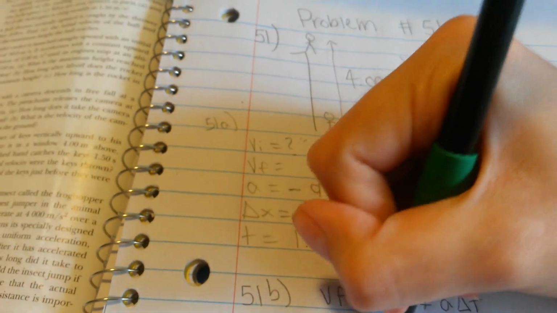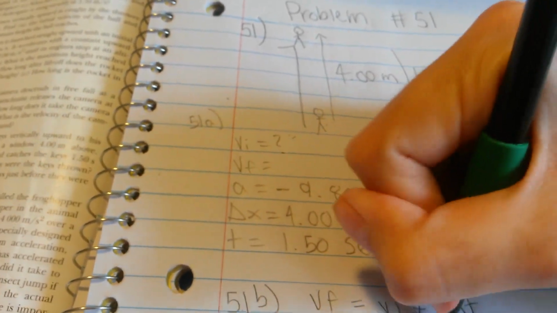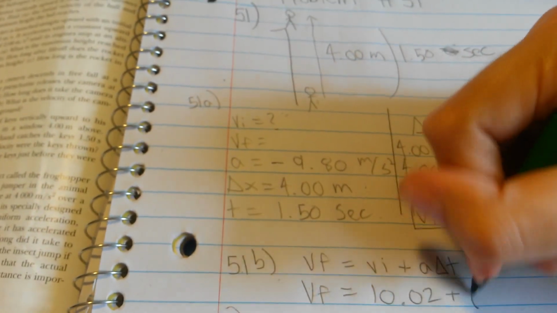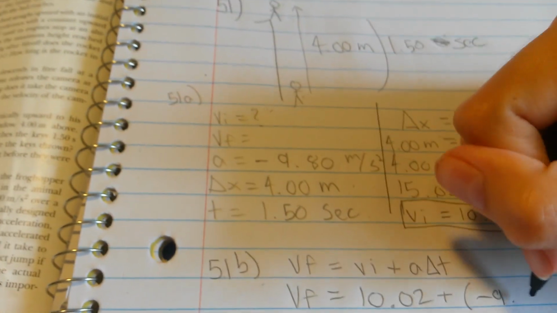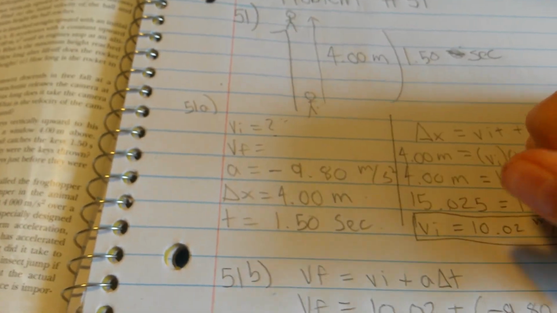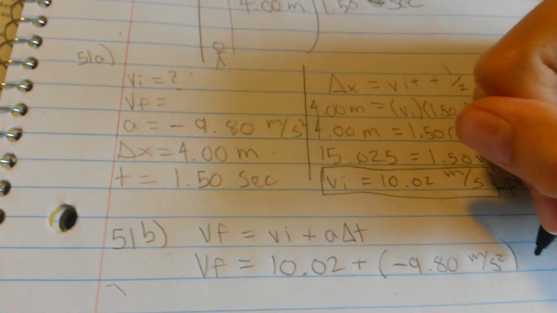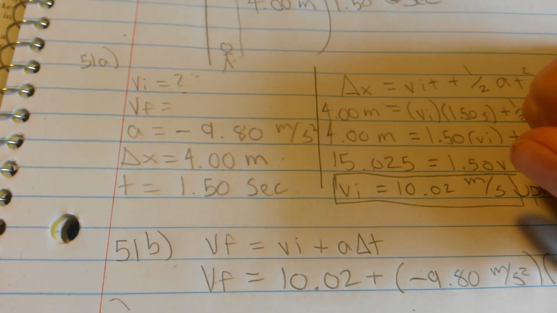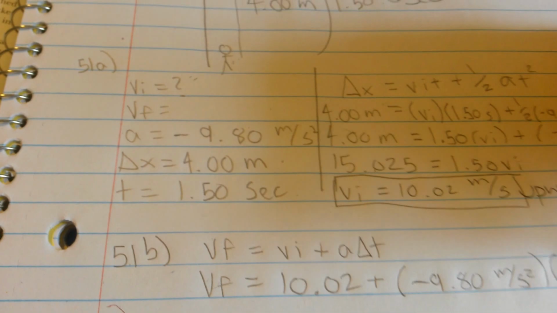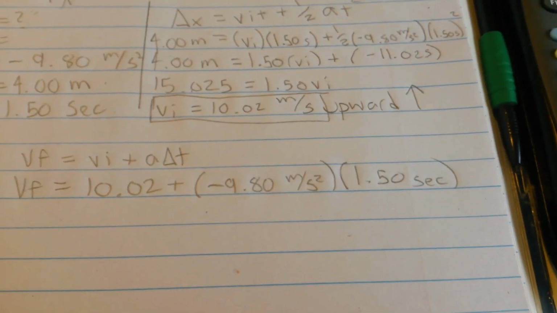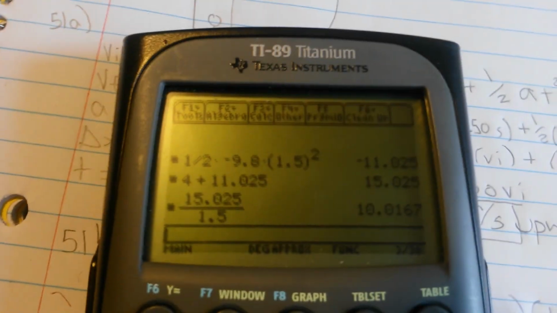So we know velocity initial is 10.02, acceleration is negative 9.8 meters per second squared, time 1.5 seconds. So now I'm just going to plug this into my calculator to solve for the final velocity.